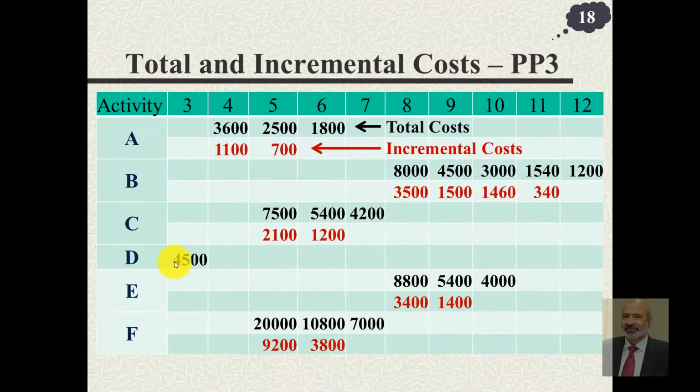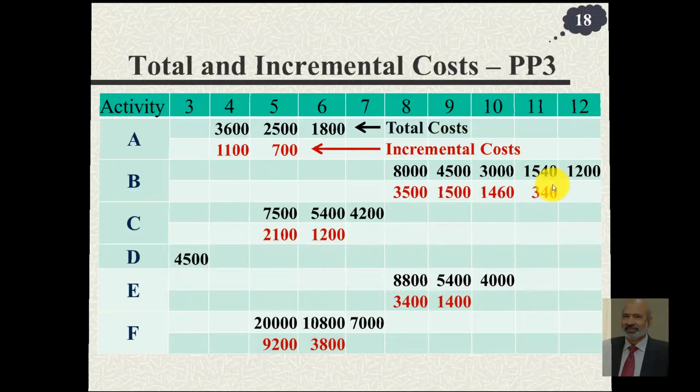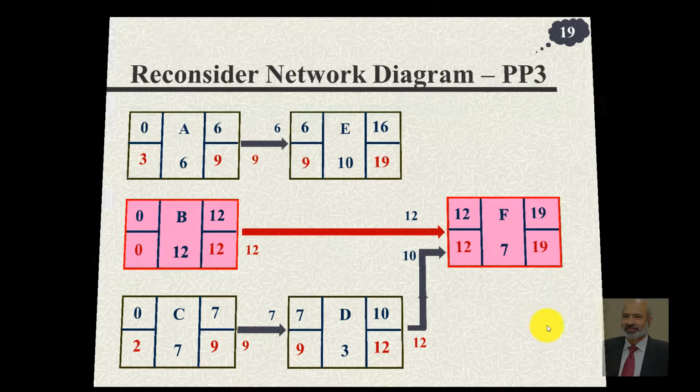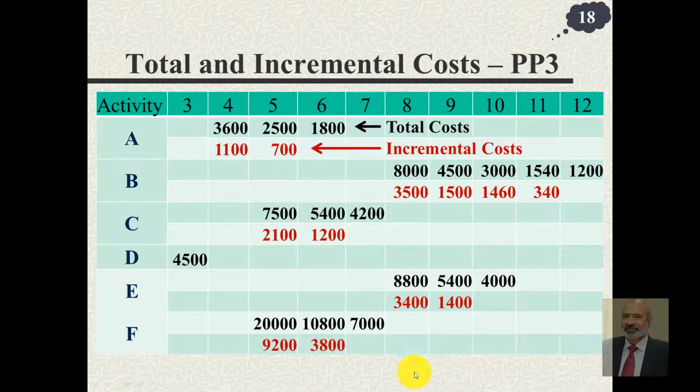Let's go back and see. F reduction costs you 3800, B reduction costs you 340. So here 3800, this figure, and the next one would be this 340.